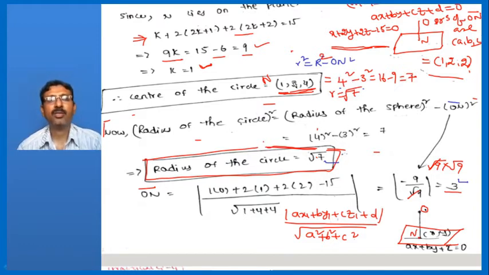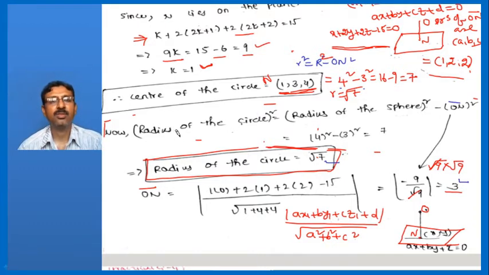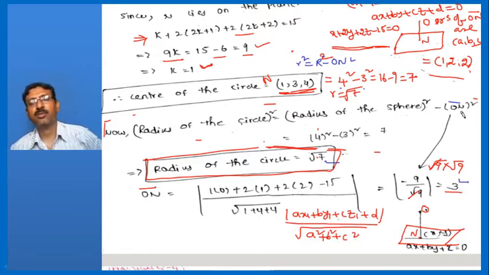I have written the formula in words: radius of the circle square equal to radius of the sphere square minus ON square. So finally I got the small r value, that is root 7.